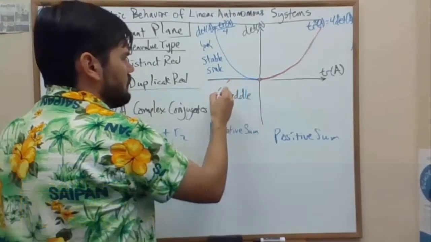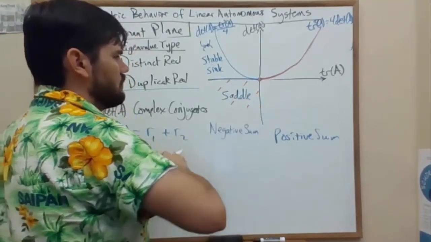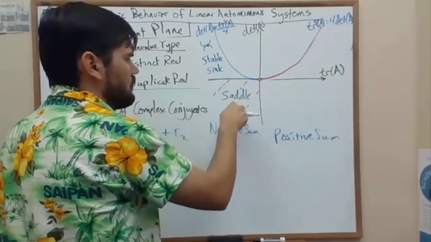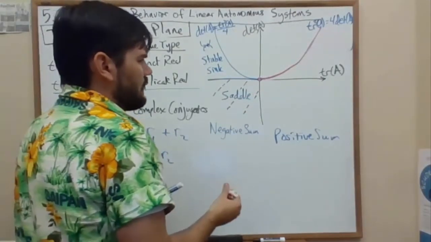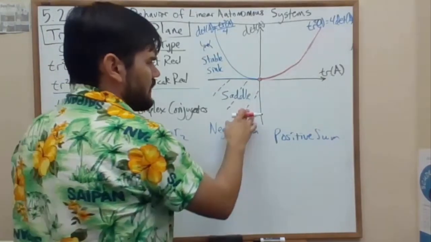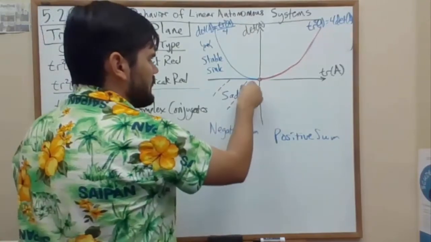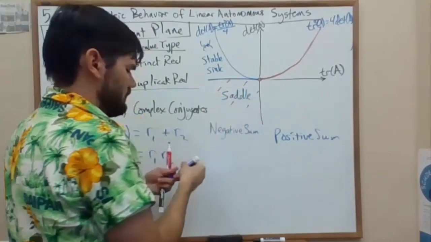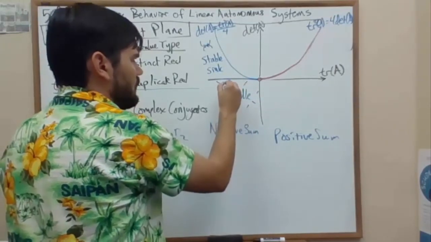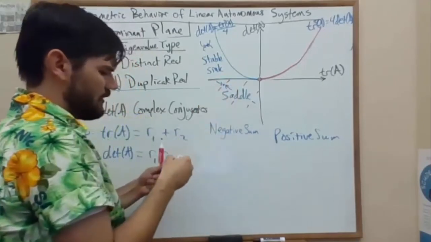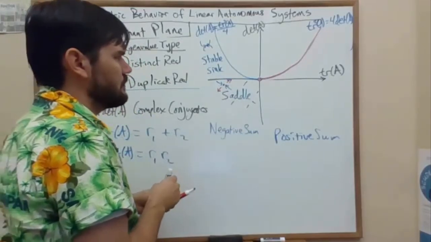So saddles are where you have certain directions that pull in and certain directions that pull out. So if we take some point, or pulling in along one direction and pushing away along another.